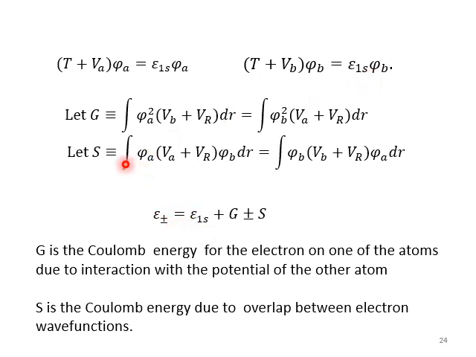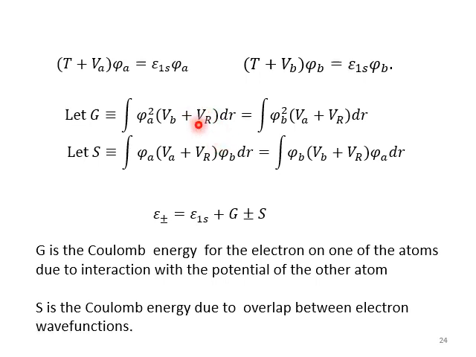But now I've got these other terms here. This one is phi A, VB, and that's the Coulomb energy for the electron on one of the atoms. So the electron's on atom A, but how does that electron interact with potential B? And then we're just throwing the internuclear term in there.